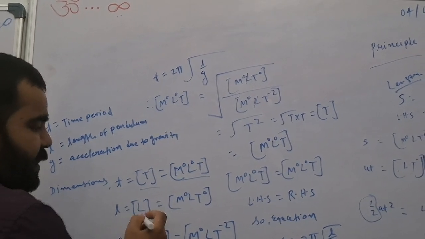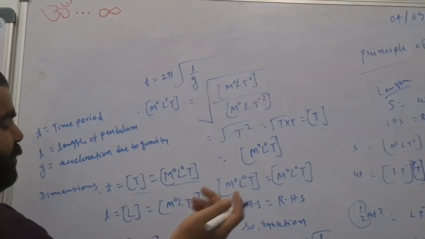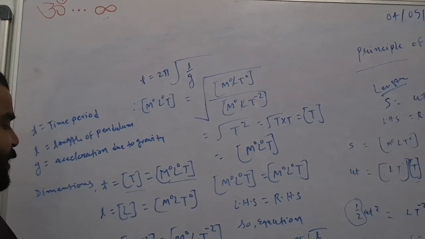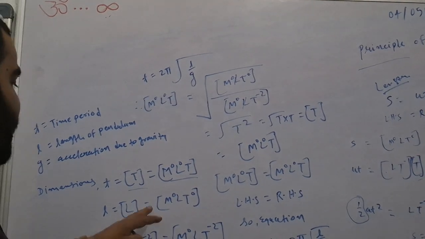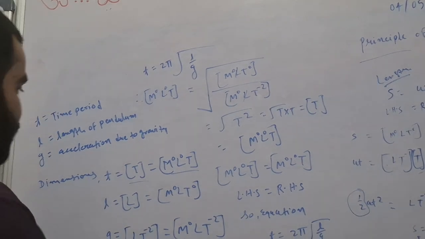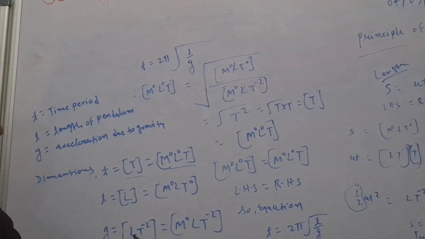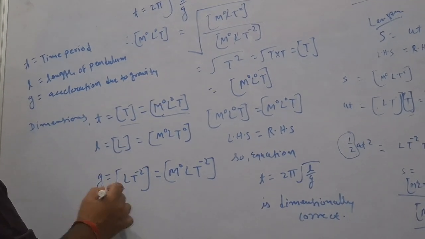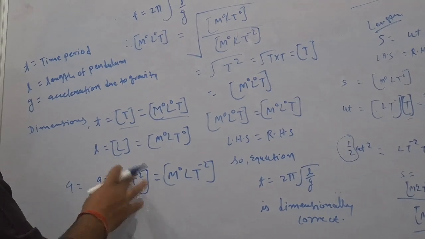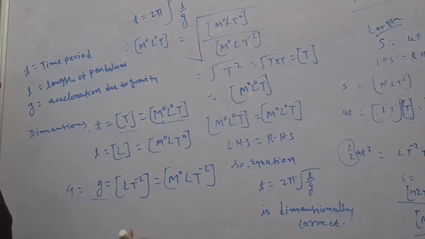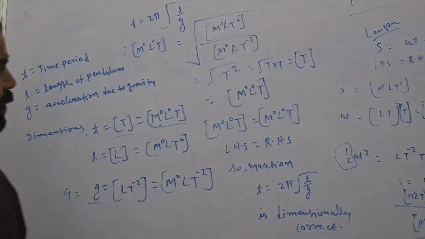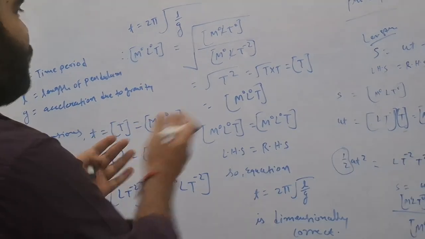Now L is the length of the pendulum, so whatever length it is, it is a kind of length. Now G is LT minus 2, acceleration due to gravity.